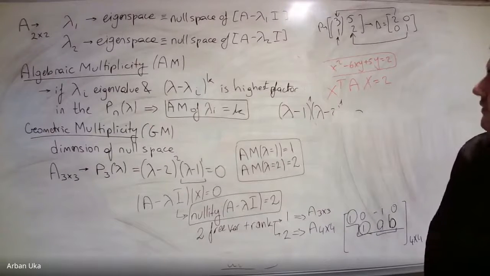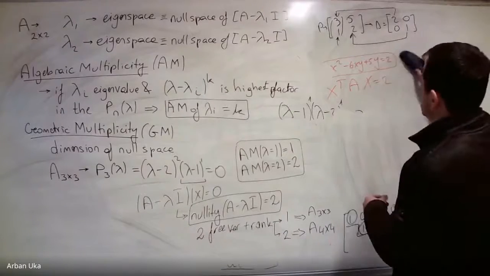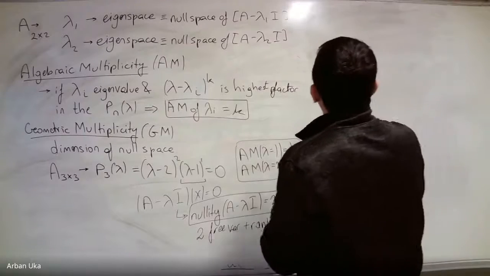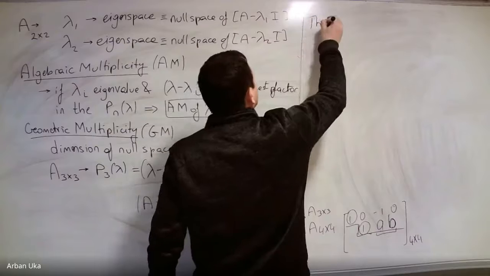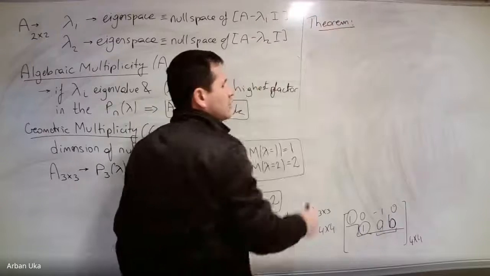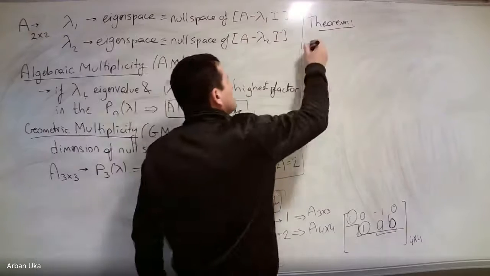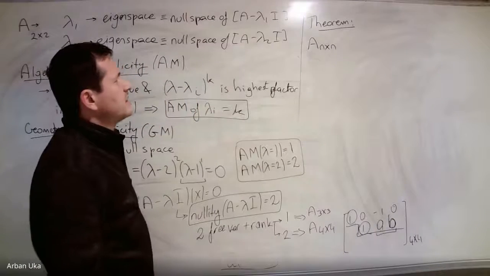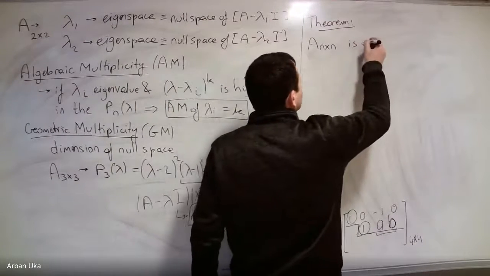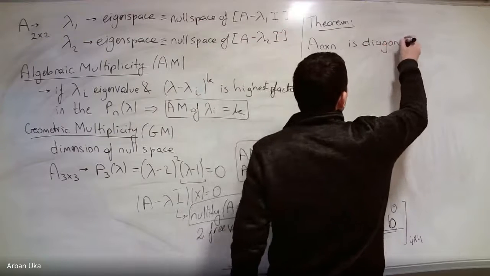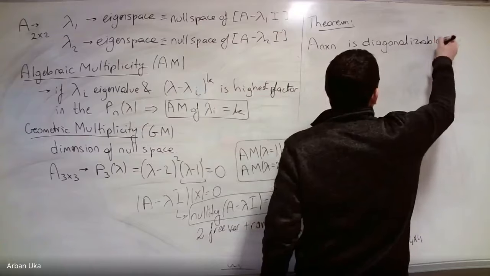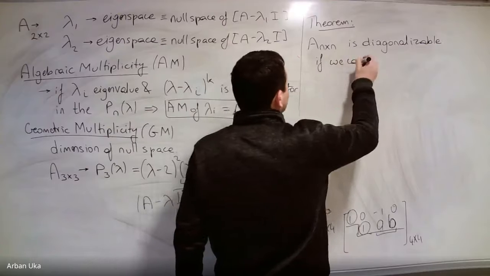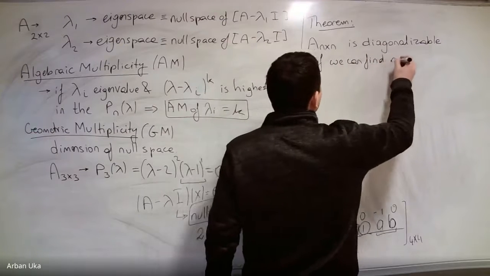And now we have also another important statement which we have to make, which is also a theorem, which states that a matrix n by n, okay, and it should be a square matrix, right, is diagonalizable if we can determine n eigenvectors.